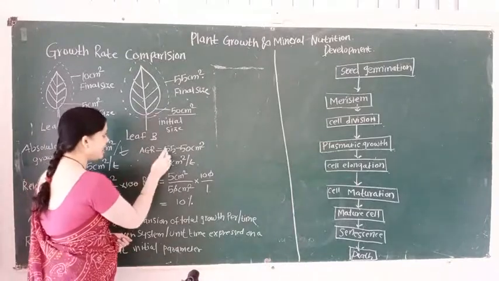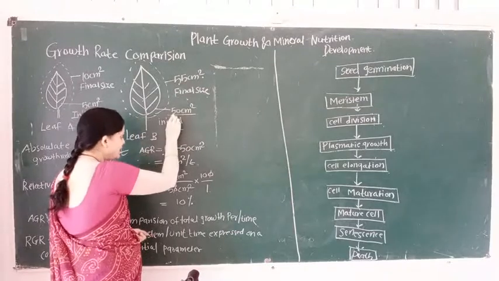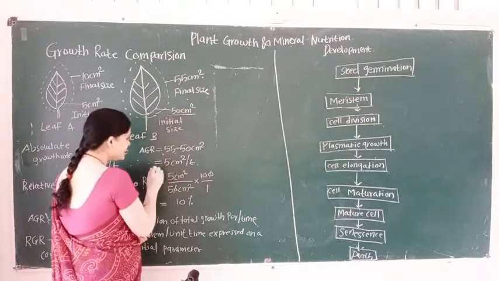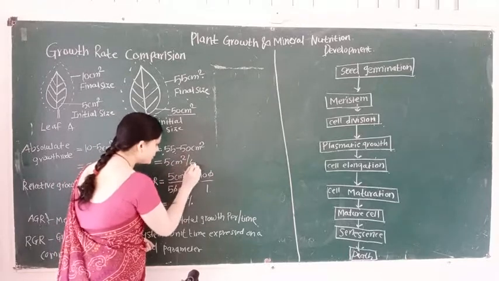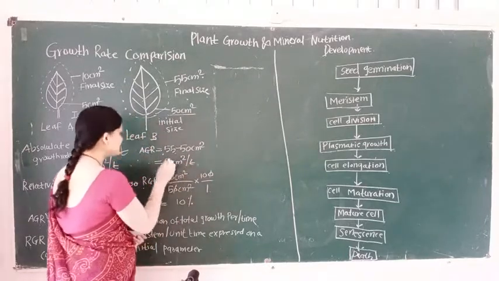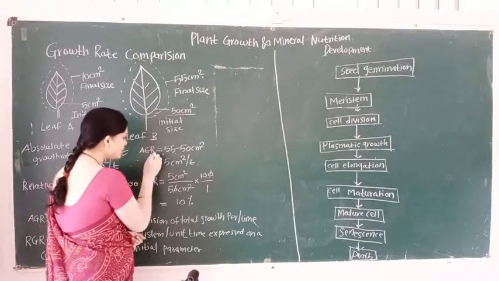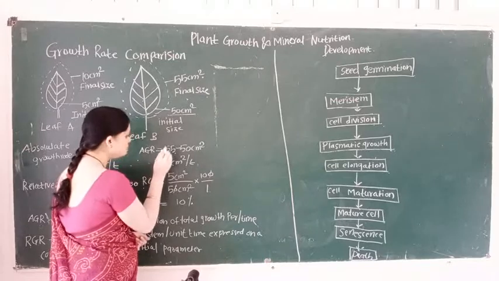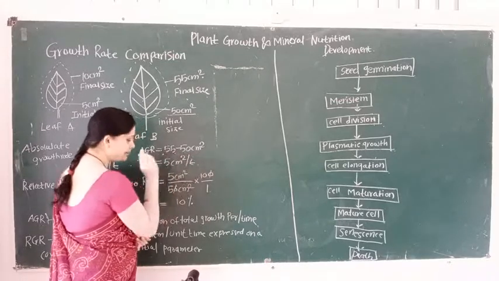So AGR is equal to 55 minus 50, which is 5 centimeter square per unit time. That is, leaf B shows an absolute growth rate of 5 centimeter square per time t.